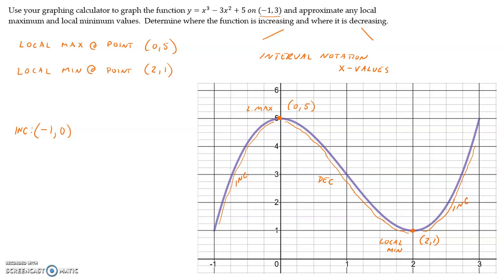We'll use open intervals here, so parentheses around each of those. Then for our second portion where it's increasing, our smallest x value for that segment, if we look at our local minimum, has an x value of 2. And our largest x value for that segment is going to be 3. You can put your union symbol between those two.